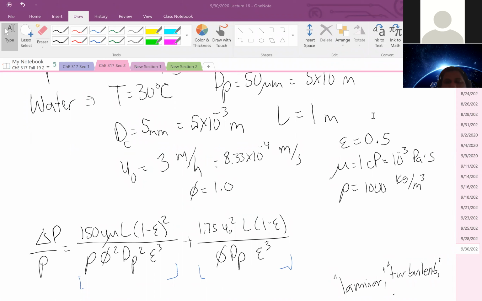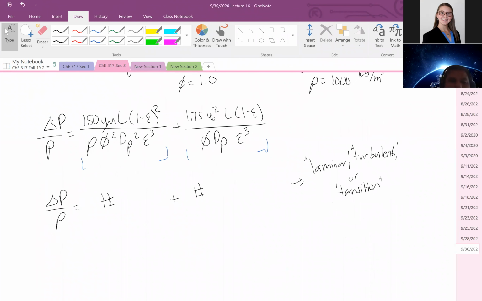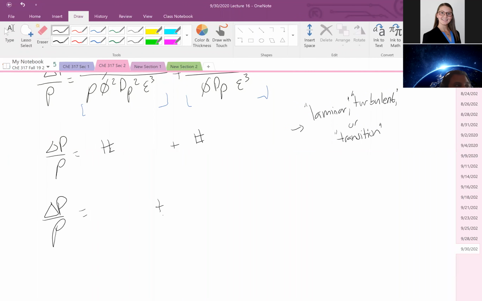All right, everybody, how did it go? Pretty good. Do we have an answer for each of these two terms? For the first one, we got 100, so about 100 meters squared per second squared.